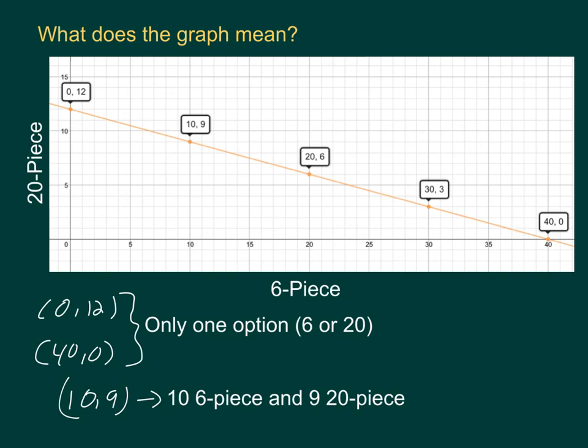So it's something to think about. This is an example with a discrete domain, because you can only order whole number packages of 6 or 20. But that's what this graph represents. The different options are the ones that are the nice whole numbers. And there you go. Hope that this makes a lot of sense.